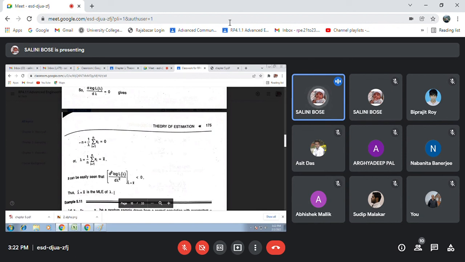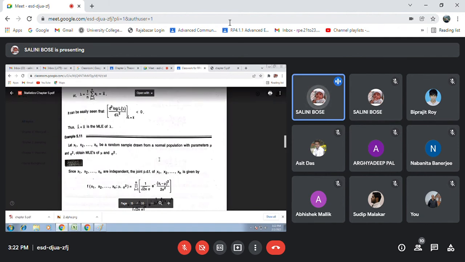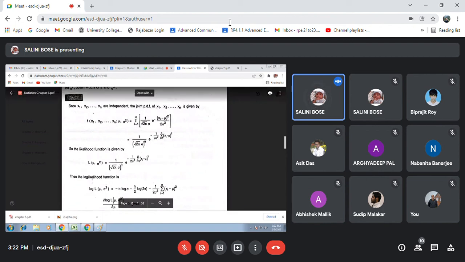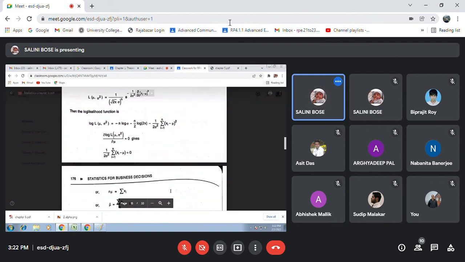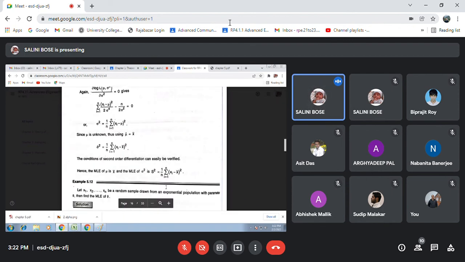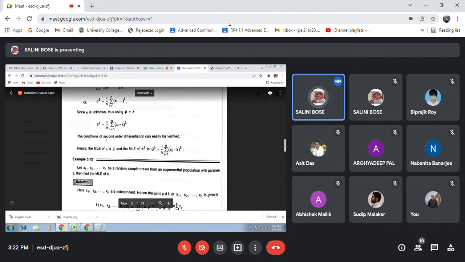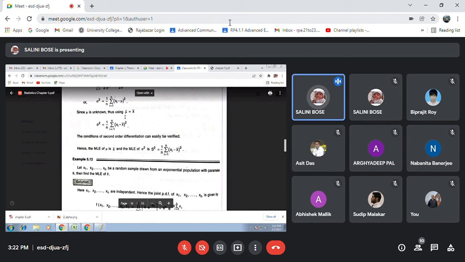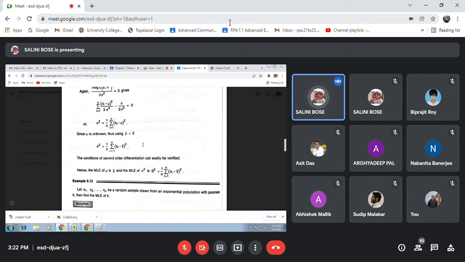Same thing you were getting. For the normal population it is also done. Here you can do it at home by doing the steps. You will see we get the same thing, and the condition of the second order differential can be checked easily. From here you can easily find that mu cap is equal to x bar, so the MLE of mu is x bar, and the MLE of sigma square is equal to this.